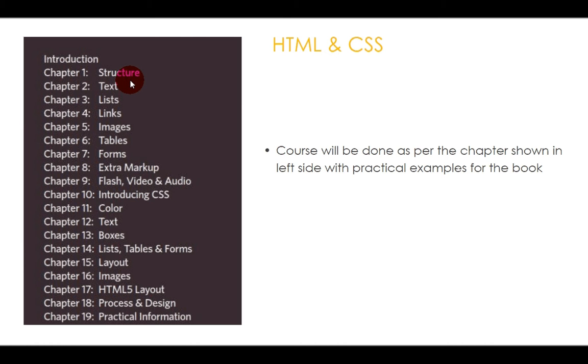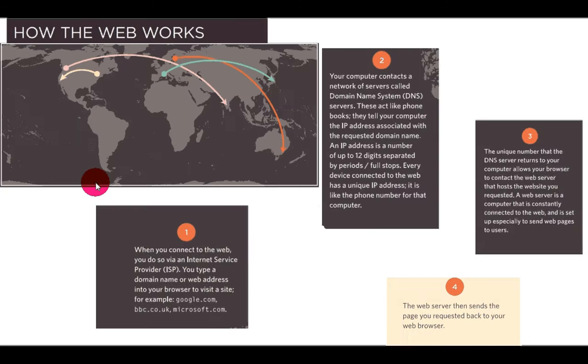The first will be structure, text, lists, links, images, tables, forms, extra markup, flash, videos, audios, and some introduction to CSS, color, text box, etc. The course will be done chapter wise, as shown on the left hand side, and practical examples will be carried out during the course. So let's start. Before starting into HTML, let us understand how the web works.